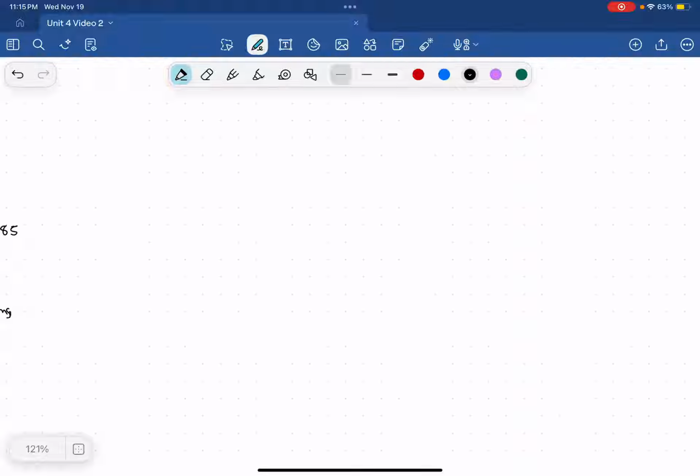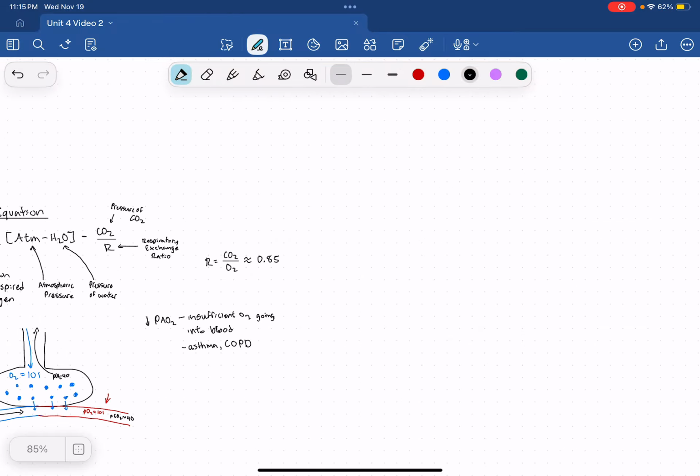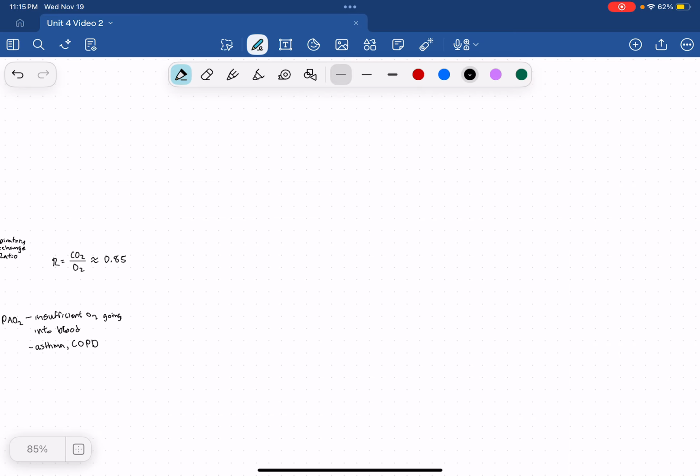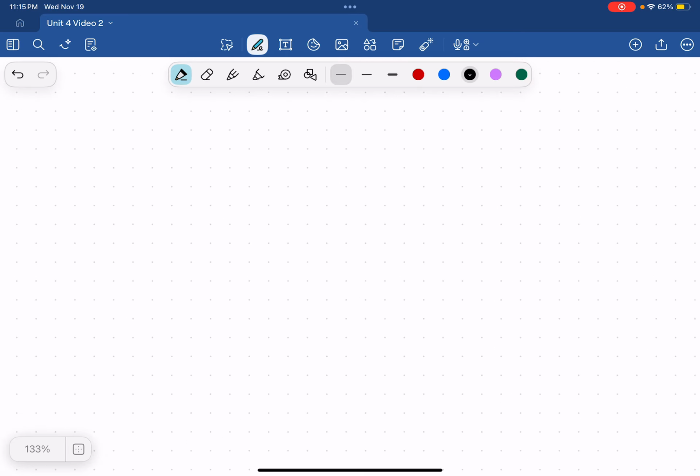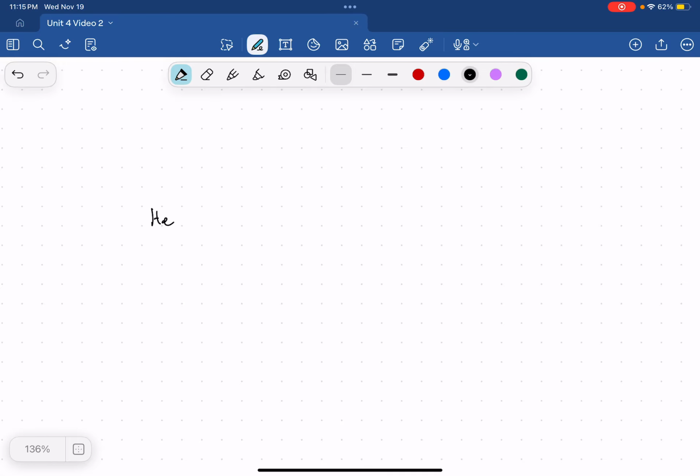So, really quickly, hemoglobin is used to help transport oxygen and sometimes carbon dioxide through the bloodstream.